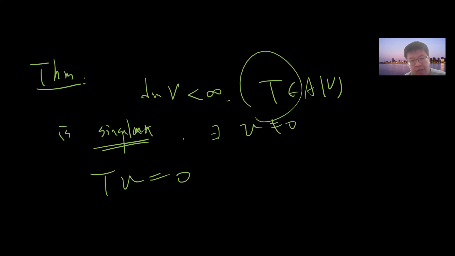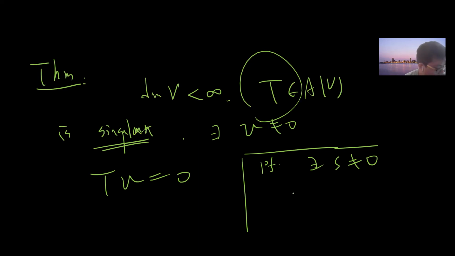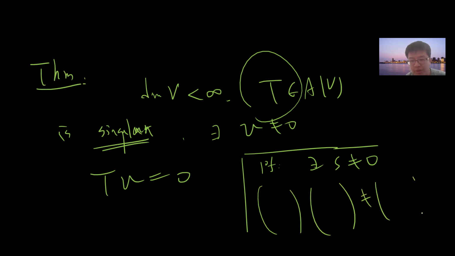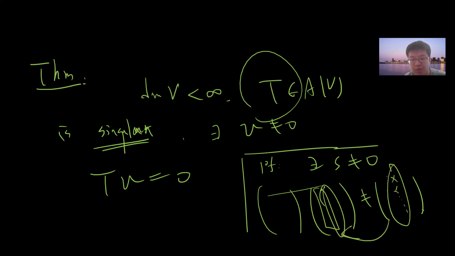The proof: since we already know we can find S non-zero, if you write it as a matrix, it's non-zero. So you can find some non-zero term, and find the corresponding vector, and this will be the answer for you.